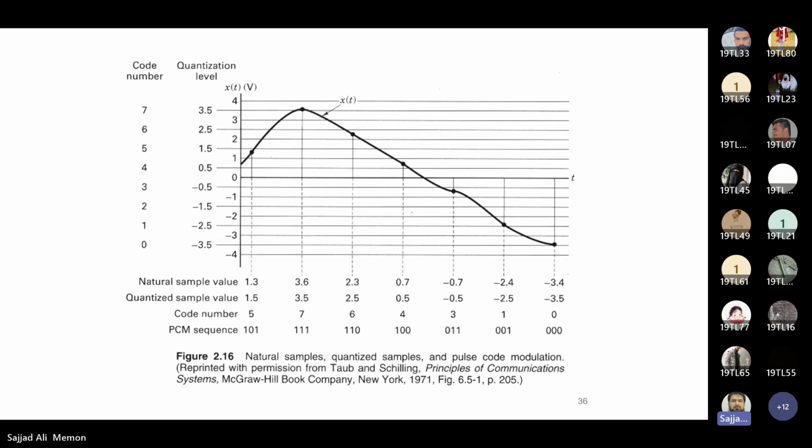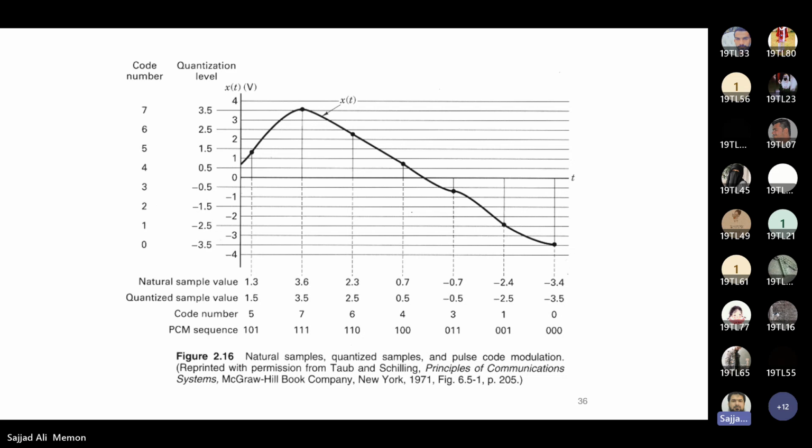The maximum voltage difference is 0.5. So the quantization error cannot exceed 0.5. In this case, it will be minus 0.25 to 0.25. The error cannot exceed minus 0.25 to 0.25.